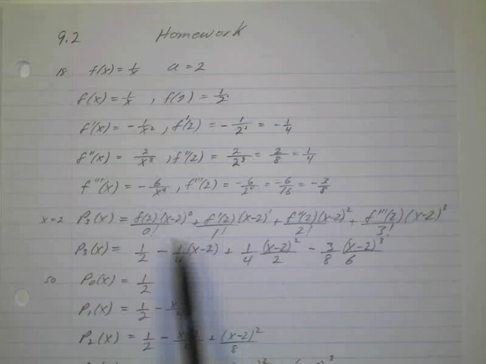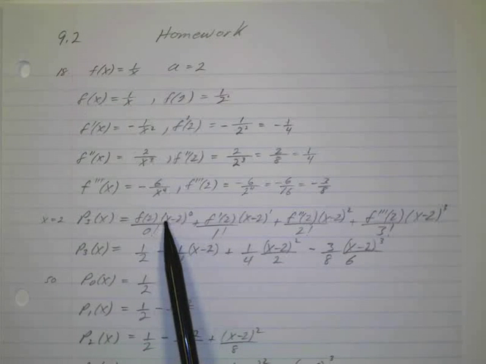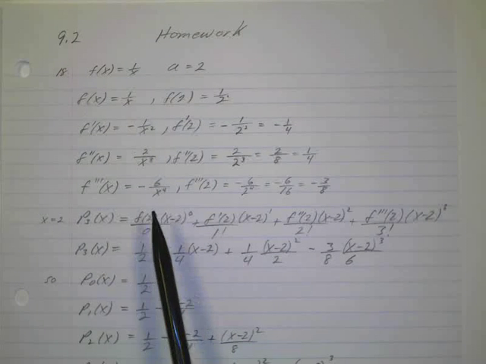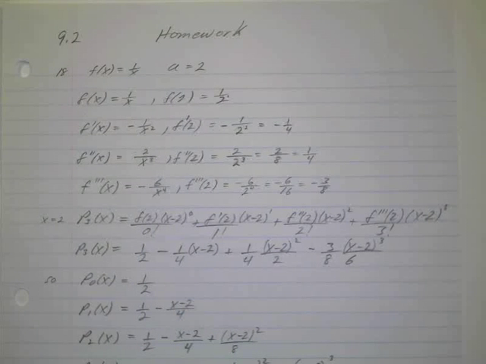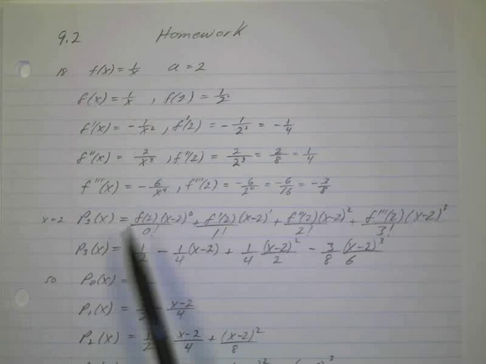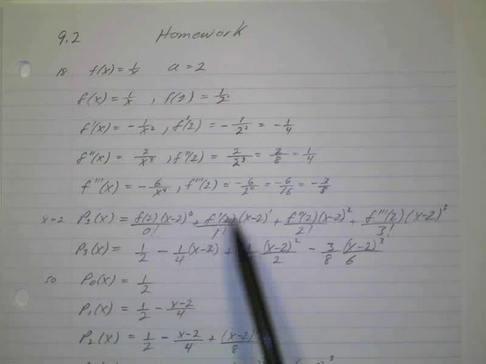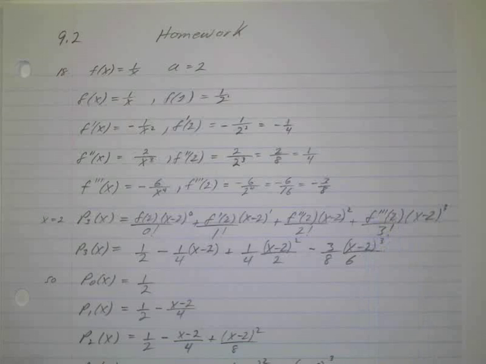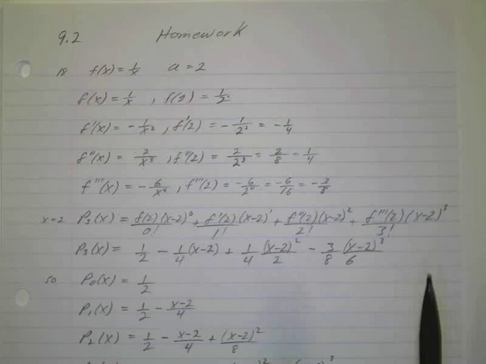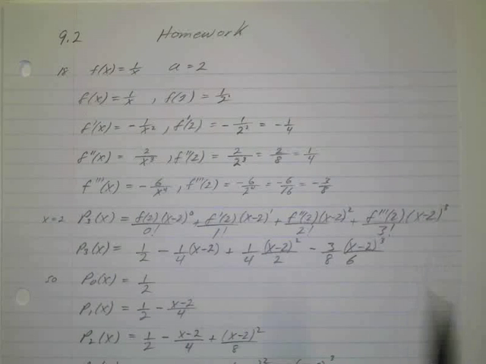Remember, we put those in the formula, and instead of having x, we have x minus 2. There's the zeroth derivative, first derivative, second derivative, third derivative. And this would be p sub 3. We could work this out and show portions of it, or partial sums.